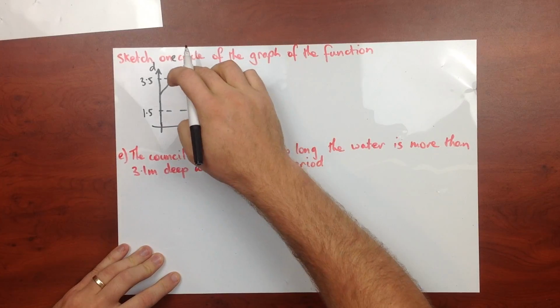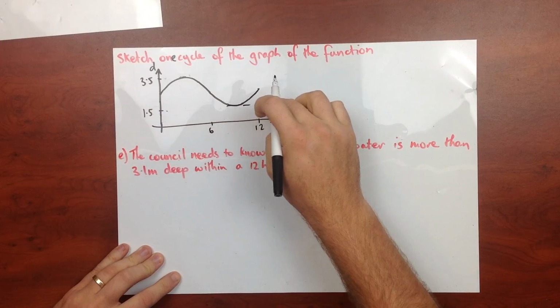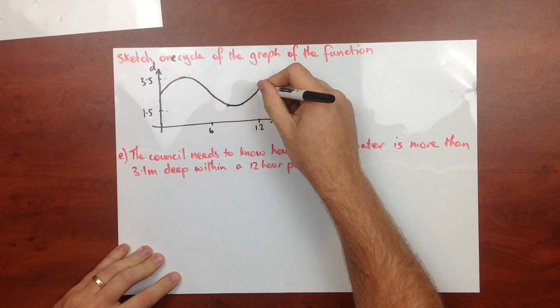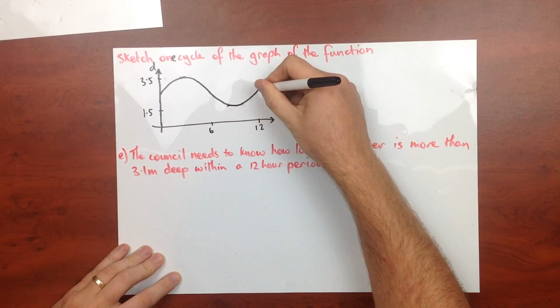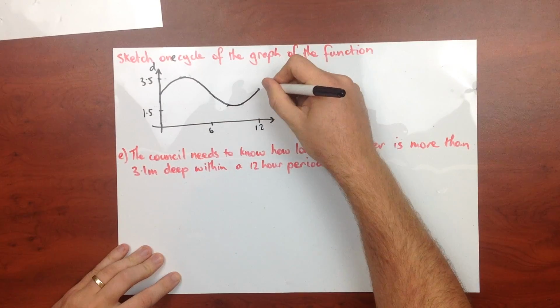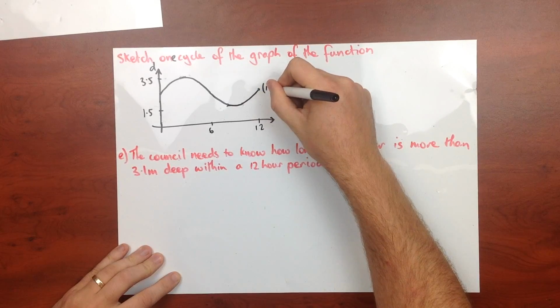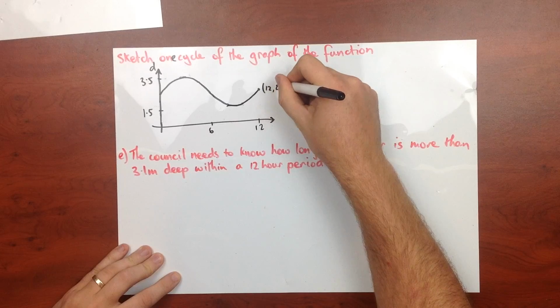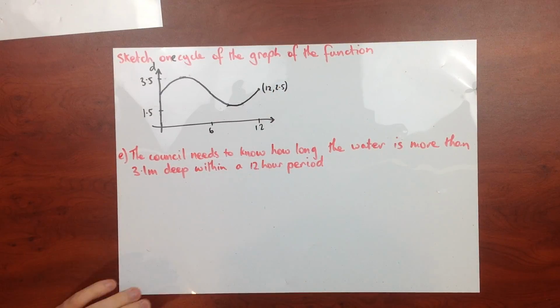I of course have the luxury of using whiteboard marker, so I can rub this out easily. That's why you should always draw your graphs in grey lead pencil. This end point here is going to be 12, 2.5. So that would be a graph of one cycle of our function.